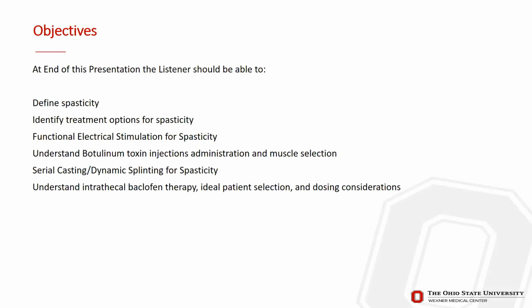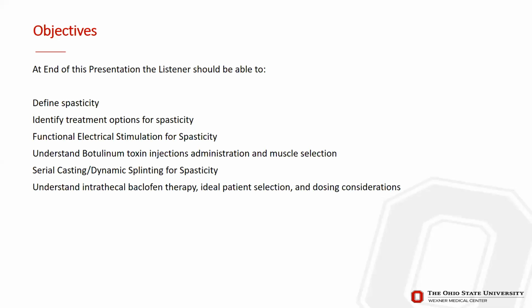So really the main thing that I wanted to talk about was defining spasticity and identifying some treatment options. There are some newer things that you'll be hearing about in the next session next week about functional electrical stim and some of the modalities that the therapists use. And we'll be talking about some of the serial casting and dynamic splinting as well during that session.